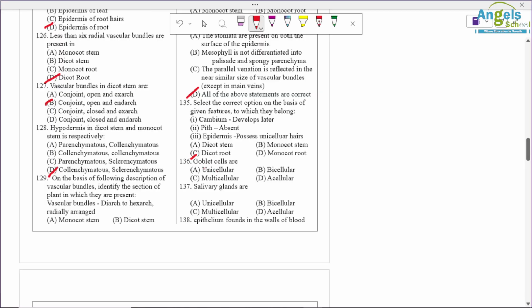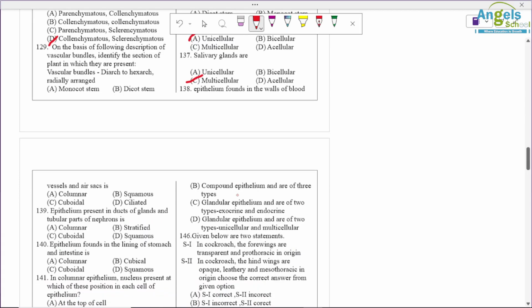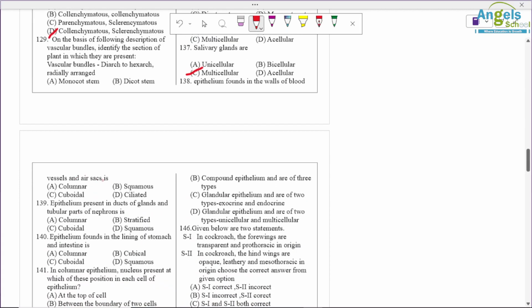Goblet cells are unicellular. Salivary glands are multicellular glands. Epithelium that is found in the wall of blood vessels and air sacs. So in blood vessels and air sacs of lungs, squamous cells are present. Epithelium present in the duct of gland and tubular part of nephron.